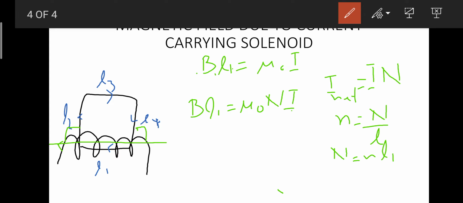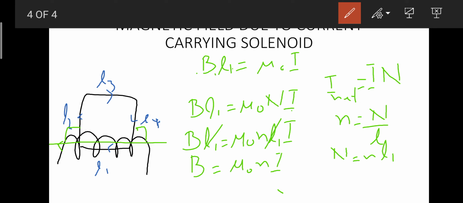If I put the value in the formula, what I'm going to get is mu naught n L1 into I, and this L1 would be cancelled on both sides, so B would be equal to mu naught n I. This is the final value which we are going to get for our solenoid configuration. This is the answer which we are going to get.